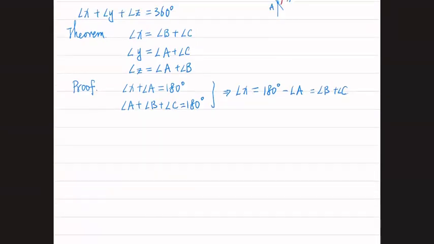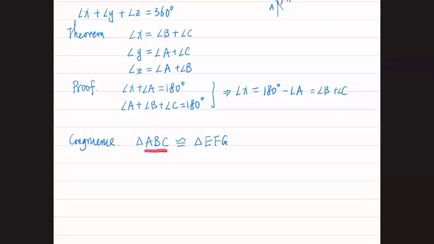Then we introduce the congruence of two triangles. So here we should be careful. The order matters here. If we change the order, they give us different relations.